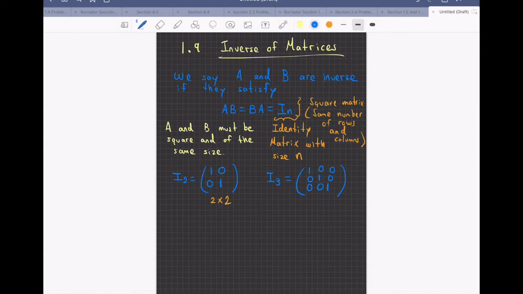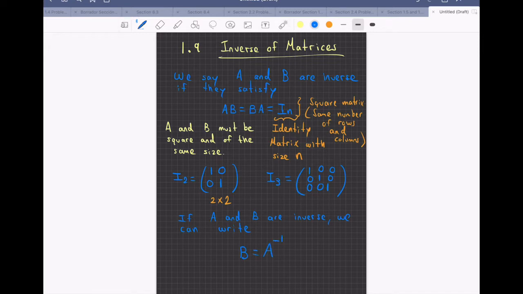Now, if A and B are inverse, we can write B is equal to this.